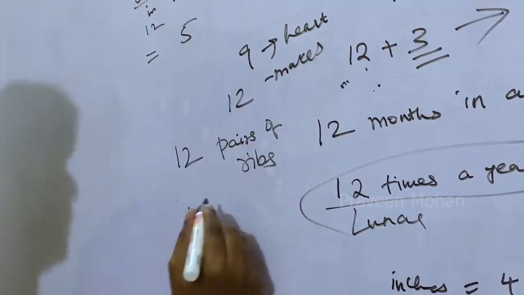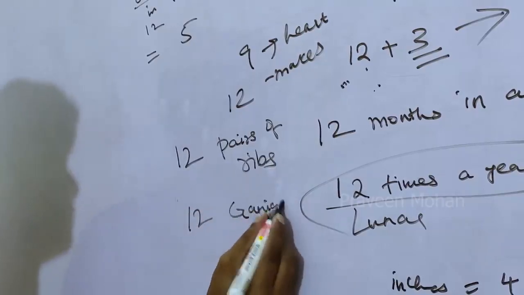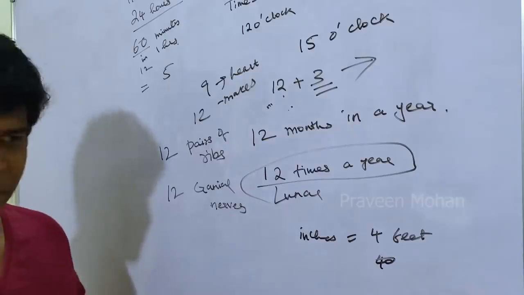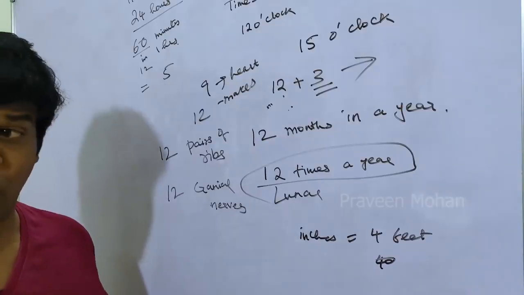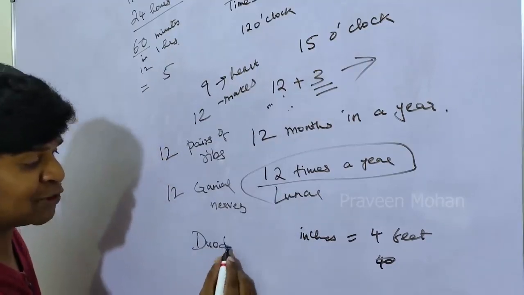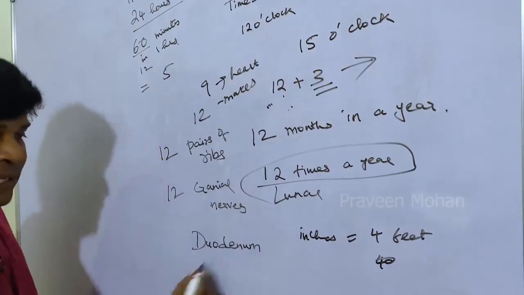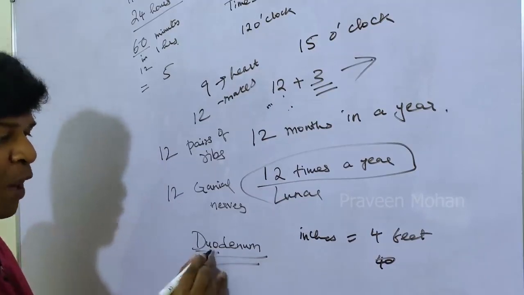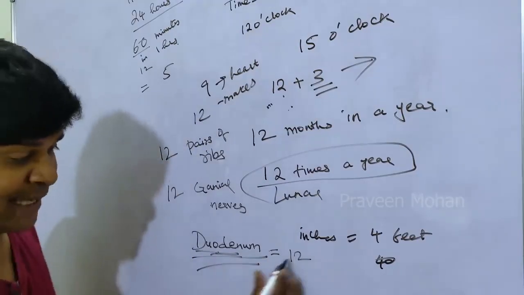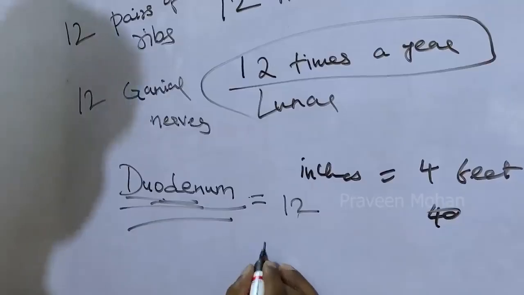Okay, there are 12 cranial nerves. There's actually a part in our small intestine that's called duodenum. This literally means 12. Okay, duodenum literally means 12. And it's 12 inches long.